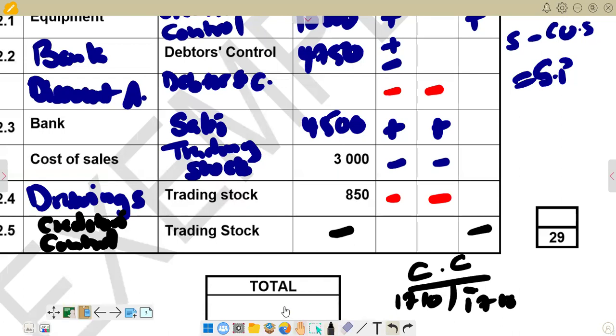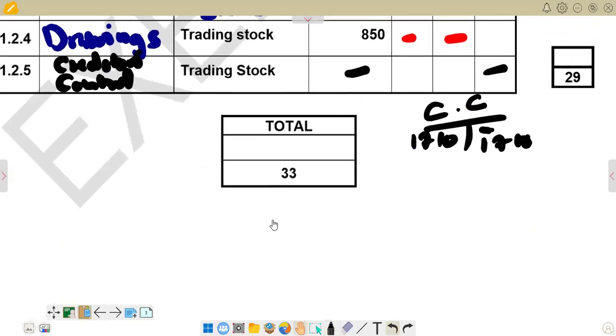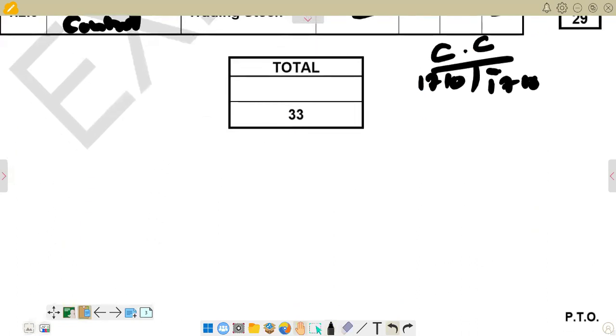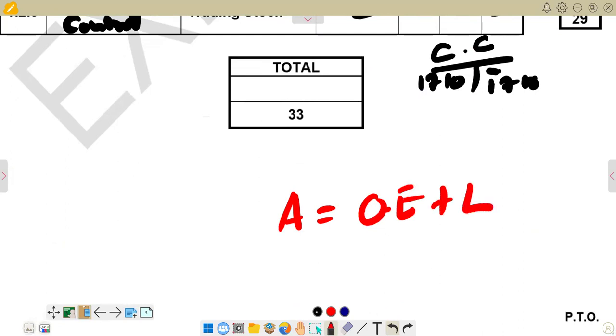But also, what we have to take note of is that we have got an accounting equation whereby we've got two sides, where our assets are equal to our owner's equity plus our liabilities. So we have got two sides that are being demarcated here. We've got assets, and then we've got the side of owner's equity plus liabilities.